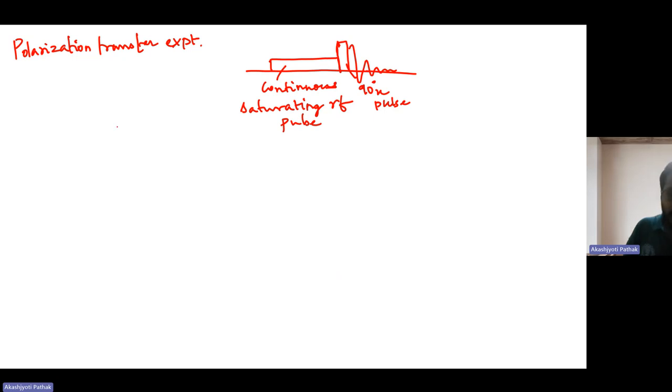Okay, so during this phenomenon, what happens because of this saturating pulse? There is a change in the population difference between the different energy states.